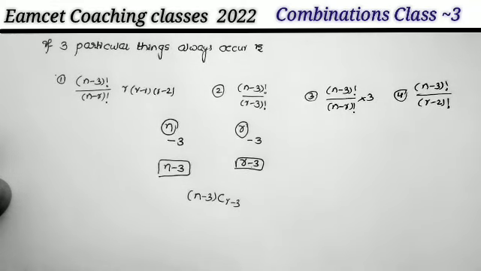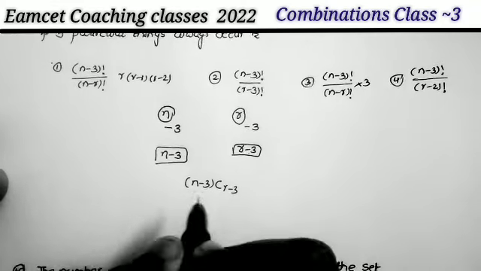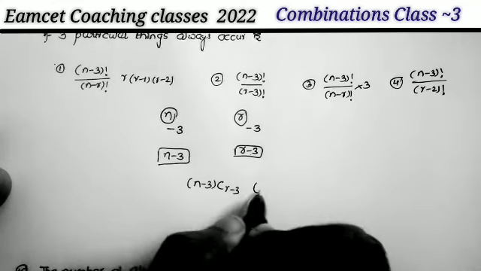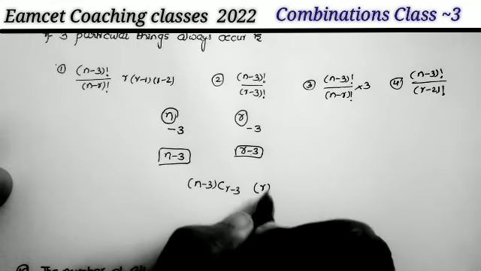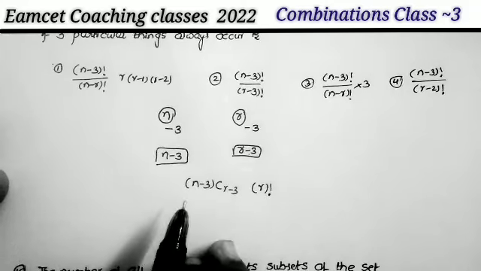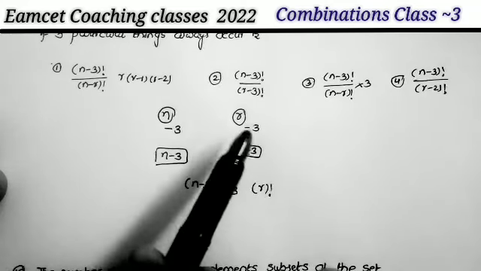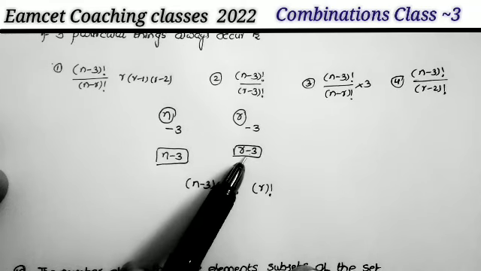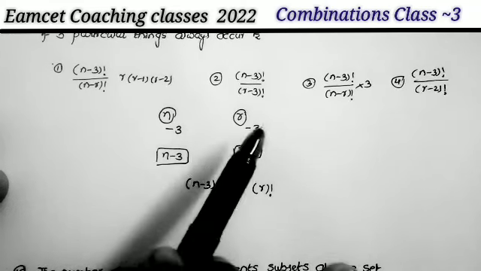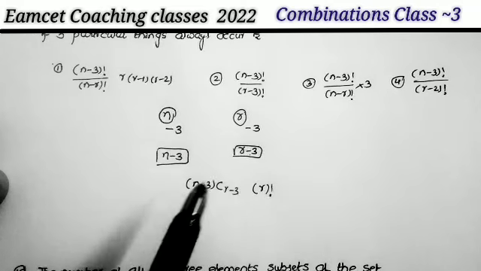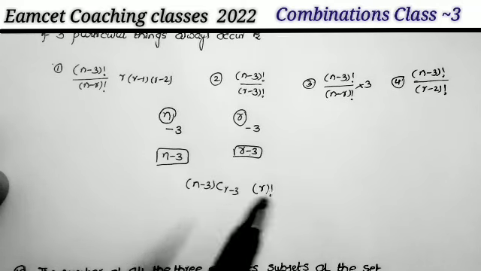And after making the selection we can arrange these things in r factorial ways. Finally we get the r things here. Already 3 things are there, and we selected r minus 3, so r minus 3 plus 3 is a total of r things, and we can arrange these r things in r factorial ways.